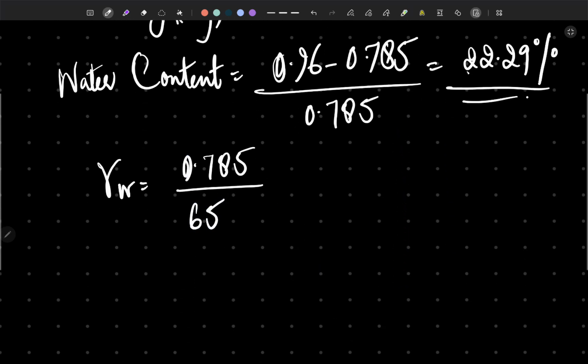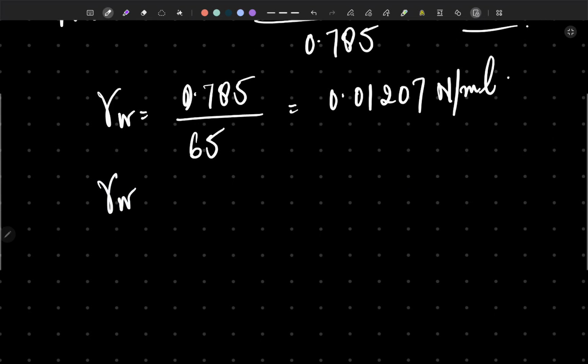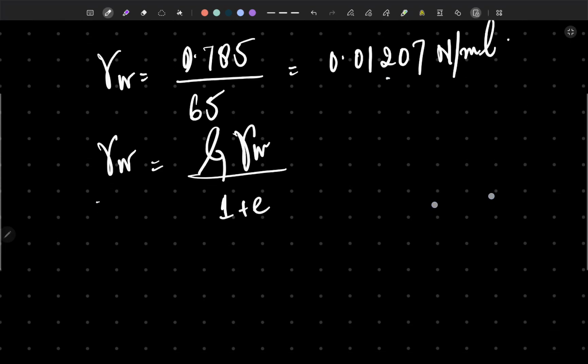Upon calculating, it comes equal to 0.01207 Newton per milliliter. But we also know one more equation. This dry unit weight is G times the unit weight of water, divided by 1 plus E.